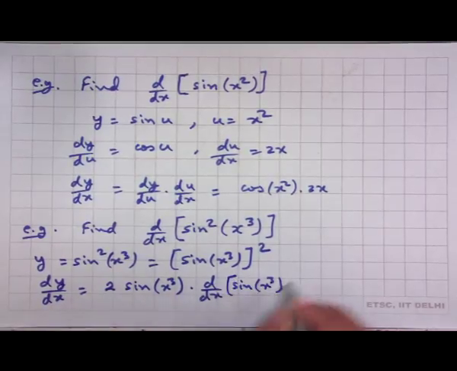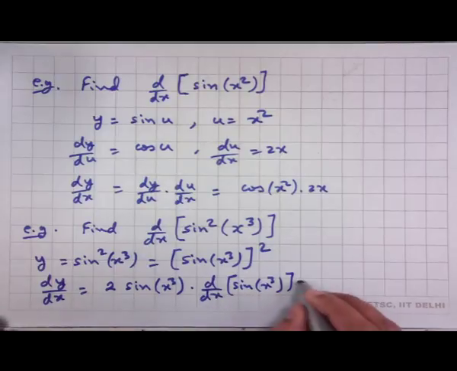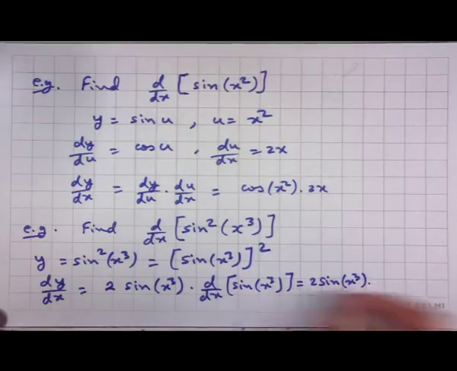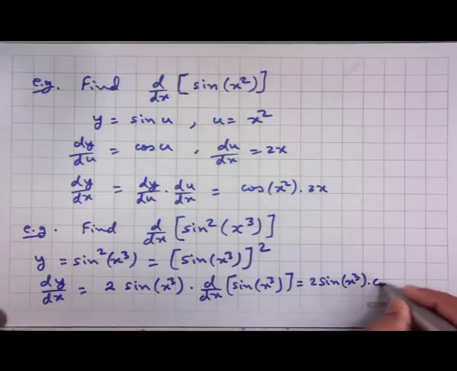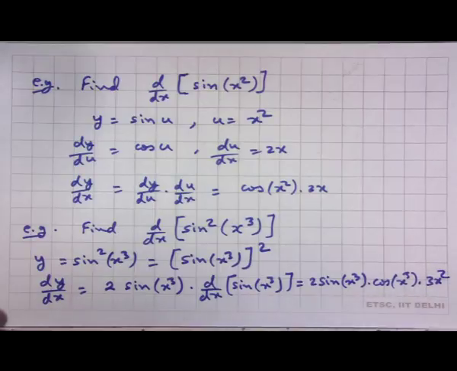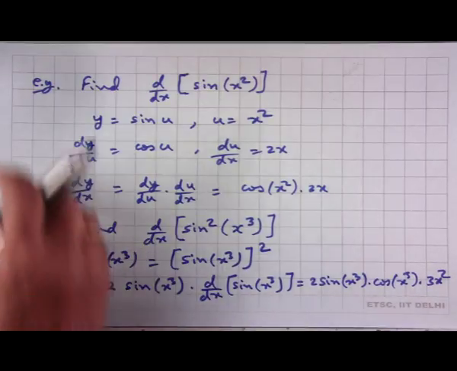Now, like the previous example, the derivative of sine x cube is first you take the derivative of sine, you get cosine of x cube, and the derivative of x cube will give 3x square. So, this gives me the derivative.